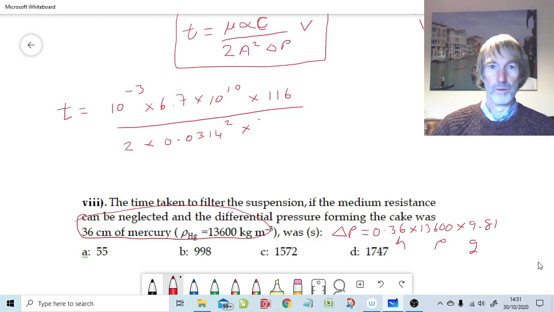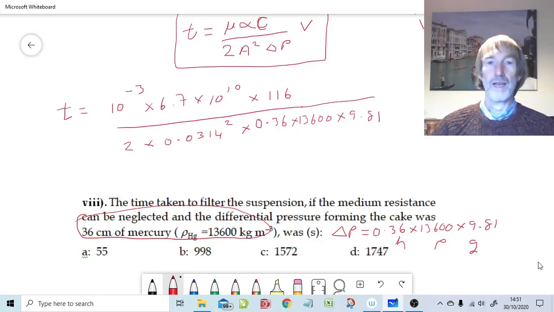So we want 0.36 in here, times by 13,600, times by G, 9.81. Bit long-winded. It would have been a lot easier if we'd just been given the pressure drop.